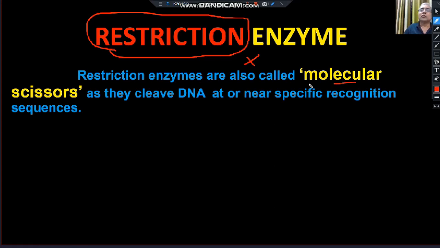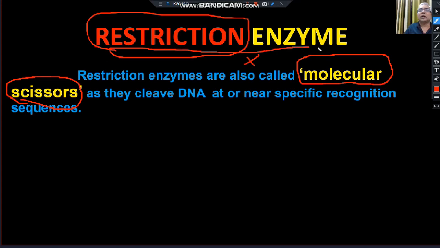Molecular, you know that a molecule is a very small entity, and scissors, in Hindi we call it कैंची. Just like एक कैंची की जरूरत पड़ती है यदि किसी कपड़े की कटिंग करनी है, similarly in the recombinant DNA technology we have to cut the DNA molecules and then ligate them together, and that cutting and joining is held by these restriction enzymes.